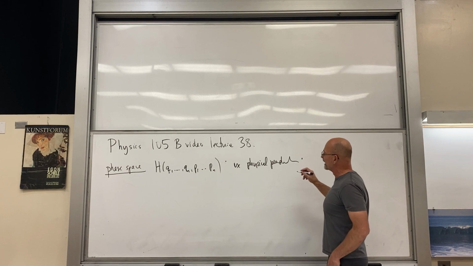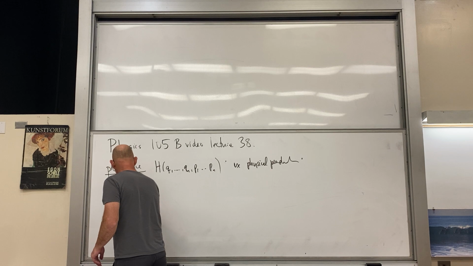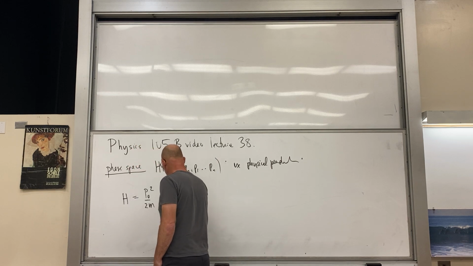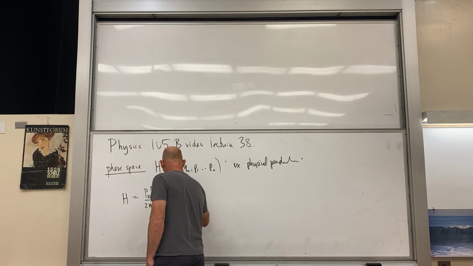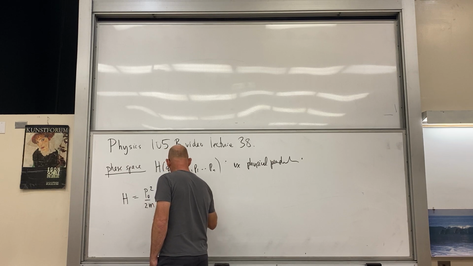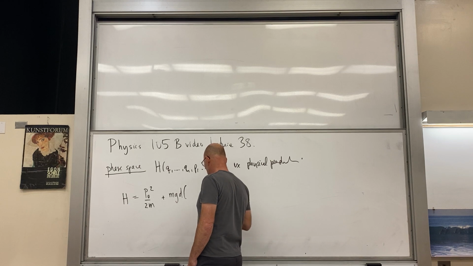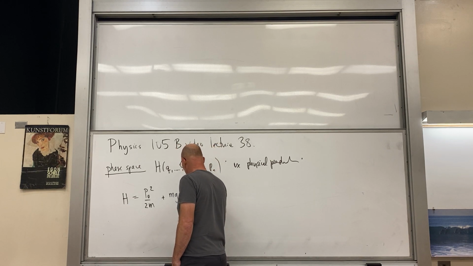So what was the Hamiltonian? We had p sub theta squared over 2I, and then we had plus mgd, and potential energy 1 minus cos theta.